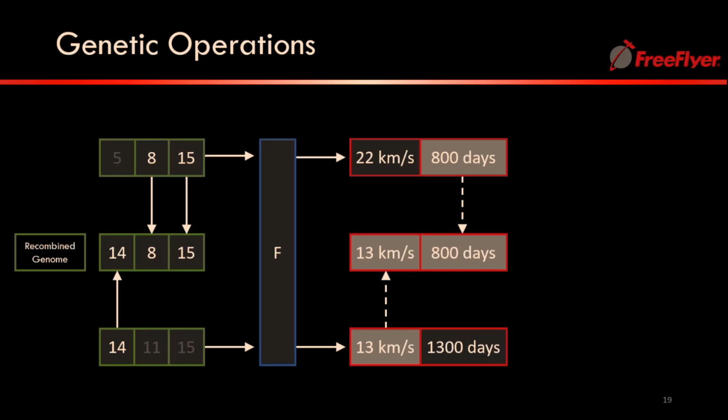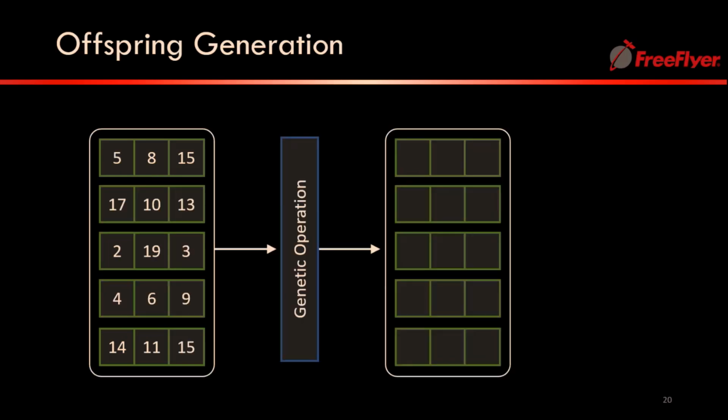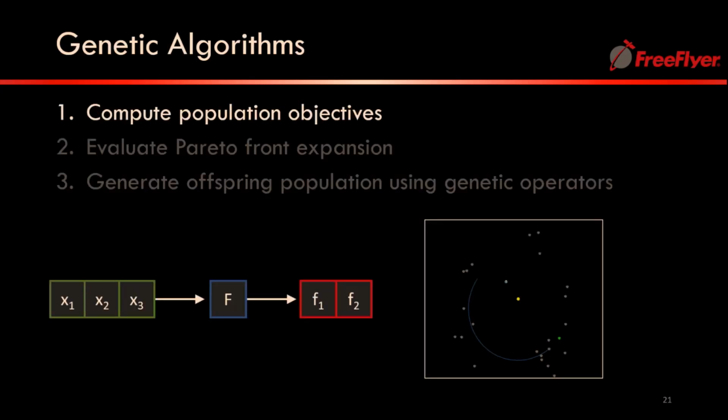And as that process goes on and on and on, our solutions get better and better, and the Pareto front gets more and more concentrated towards the optimal set of trade-offs. So we use our current population, feed it into the genetic operation, and we get out an offspring generation. And that is the genetic algorithm in a nutshell.